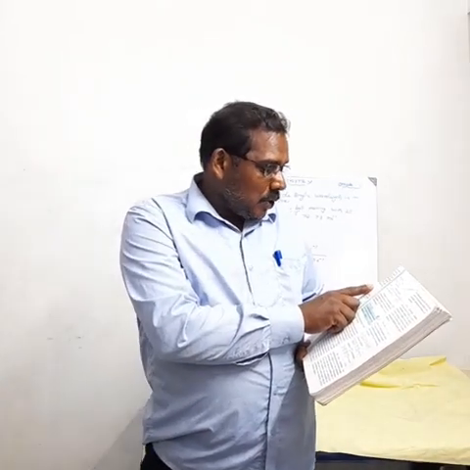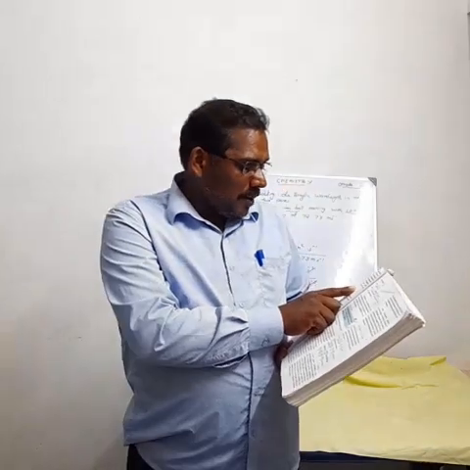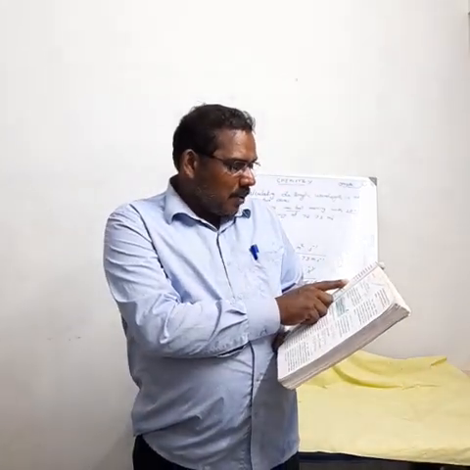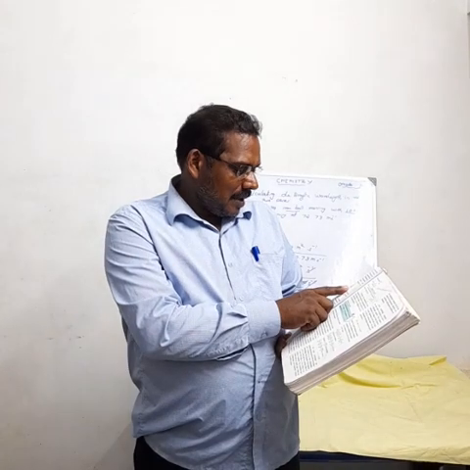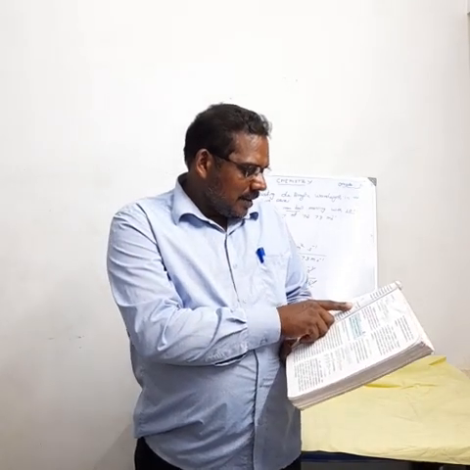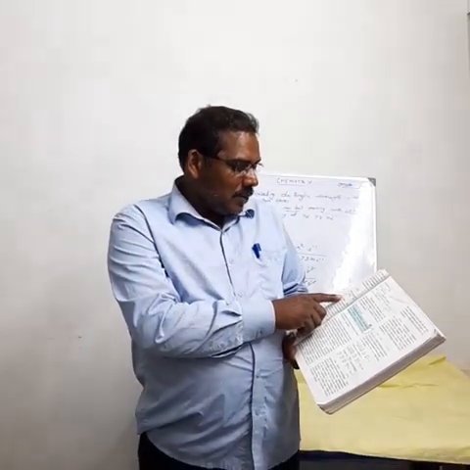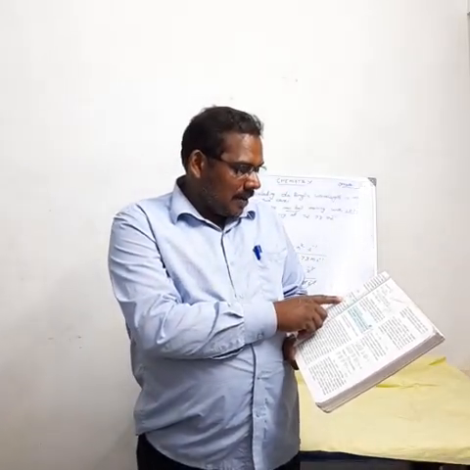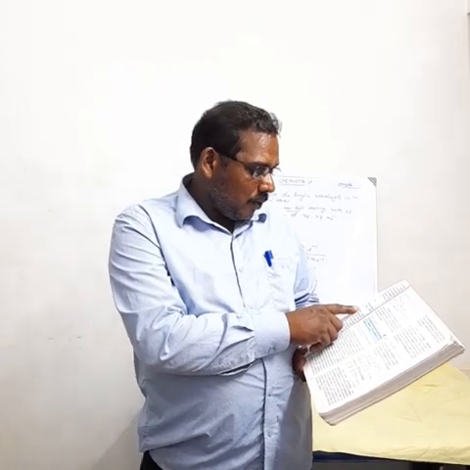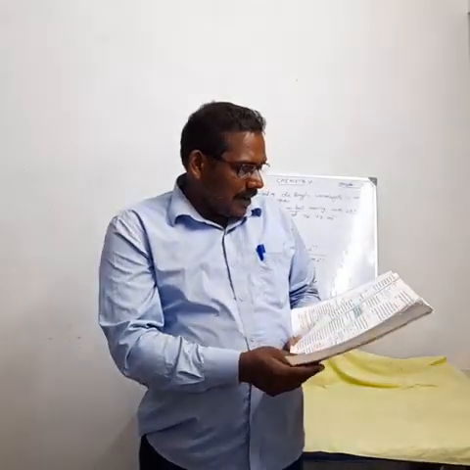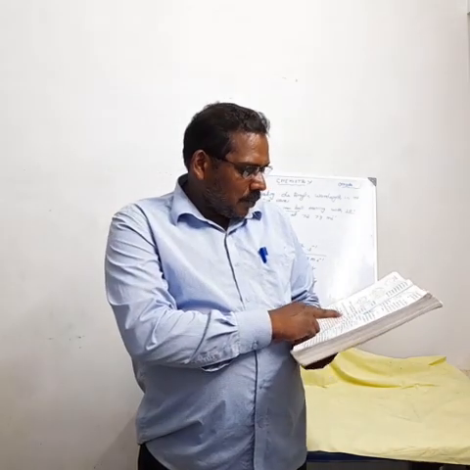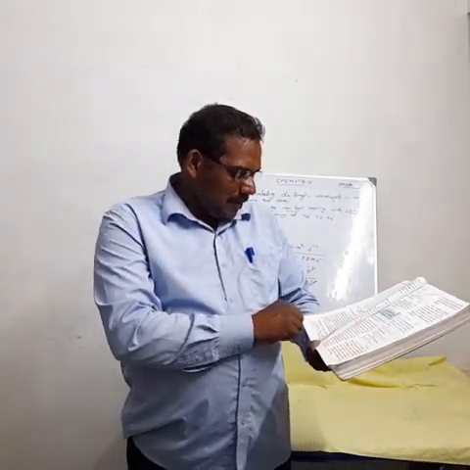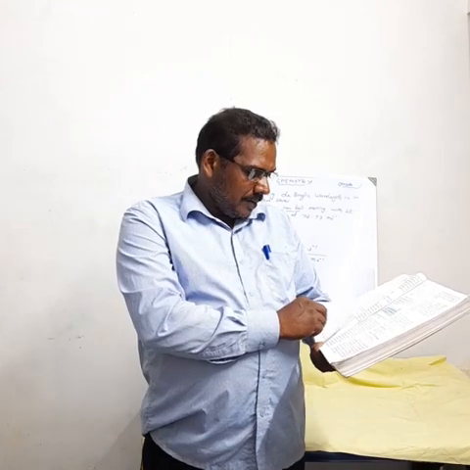It is impossible to accurately determine both the position and the momentum of a microscopic particle simultaneously. Up to that much. And the next one, the formula: delta x into delta p is equal to or greater than h by 4 pi, where delta x and delta p are the uncertainties in determining the position and the momentum respectively. That much. Now the 3-mark question.